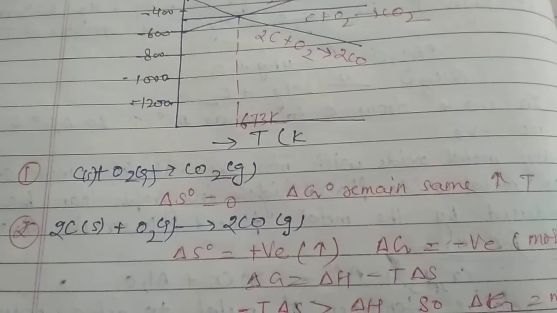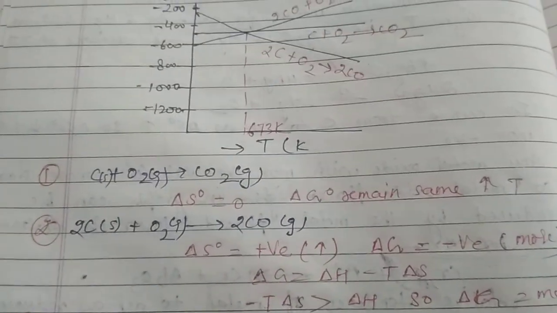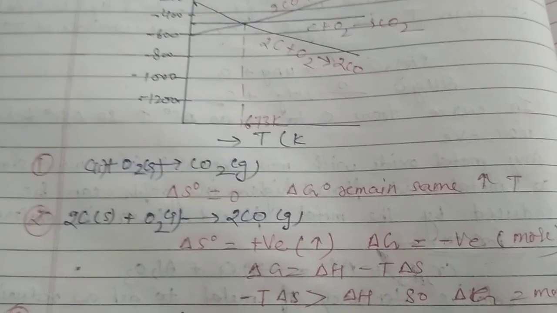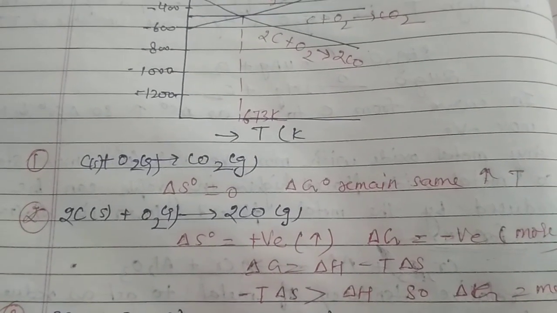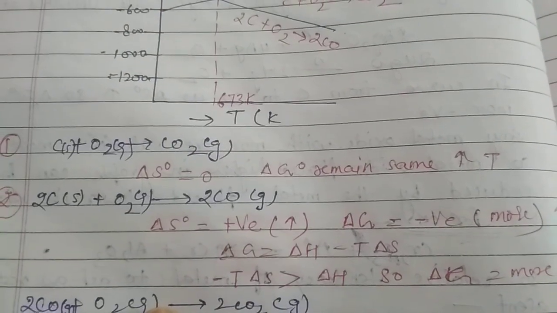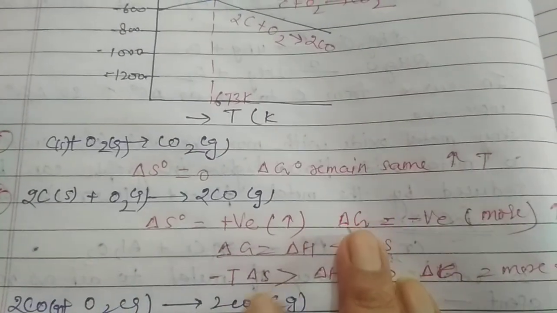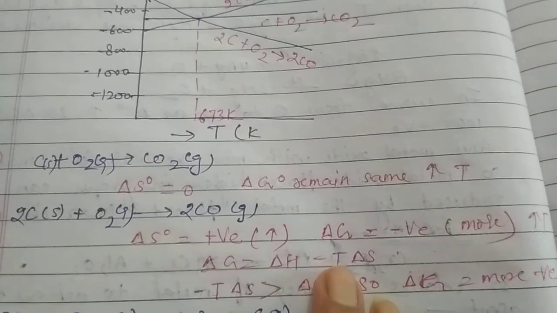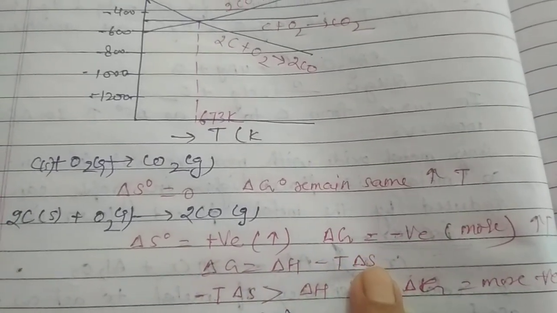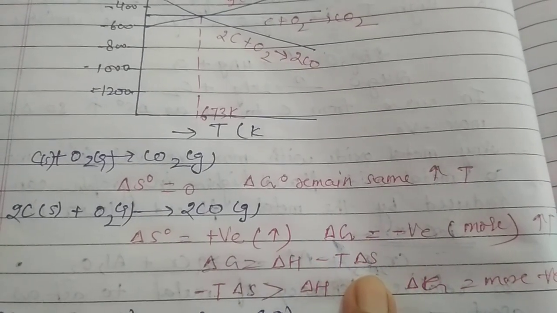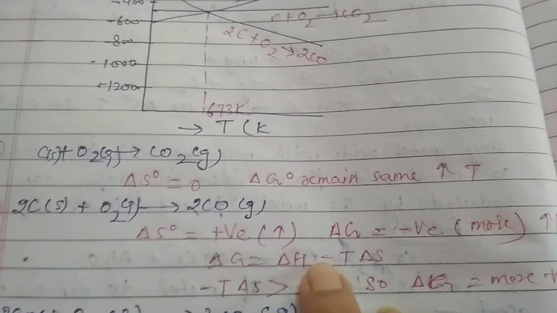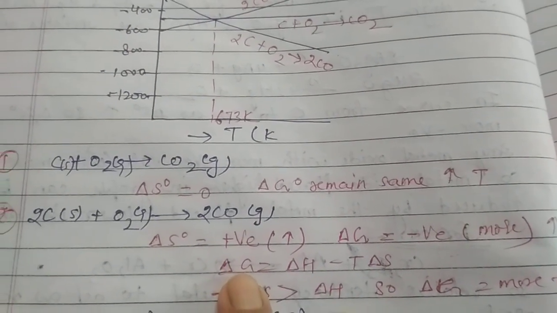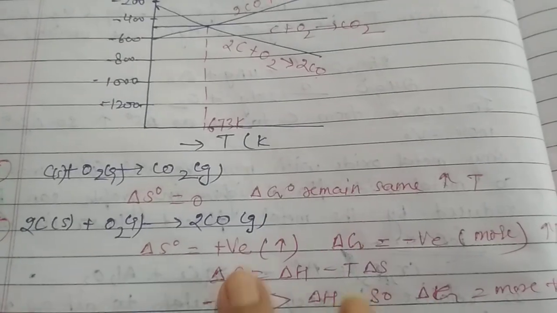So if the value of del S naught is positive, on increasing temperature the positive value would increase. T del S is the negative term, so the value of del G naught would be more negative. If del S is positive, T del S would be more positive on increasing temperature. It is a negative term, so we can say that del G would be more negative in this case.